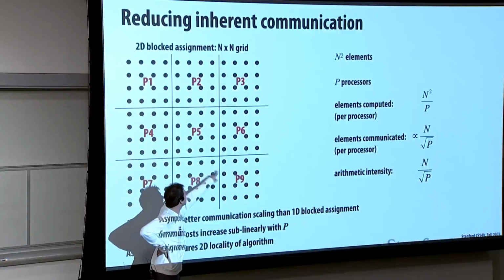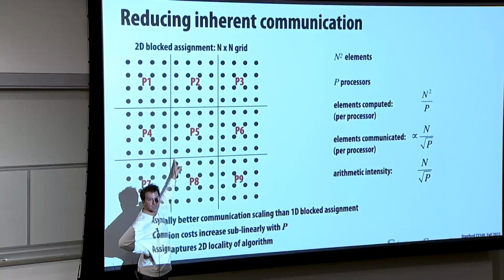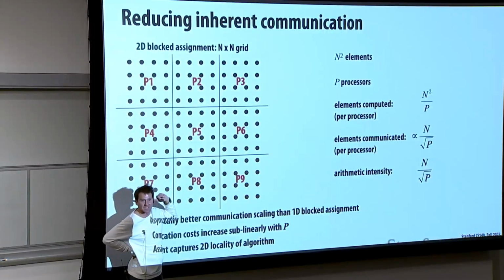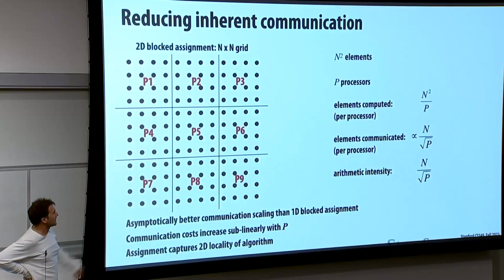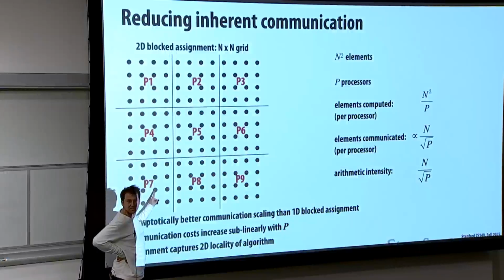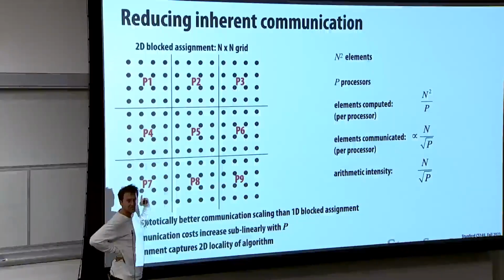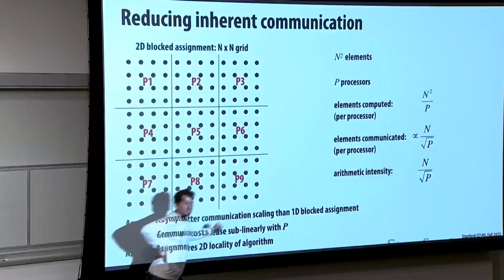Well, every one of these borders is n over square root of p, right? So the elements communicated is basically 4 times n over square root of p. Did you follow that? Okay, because I divided something of width n.